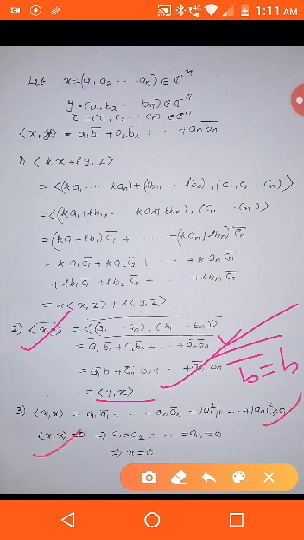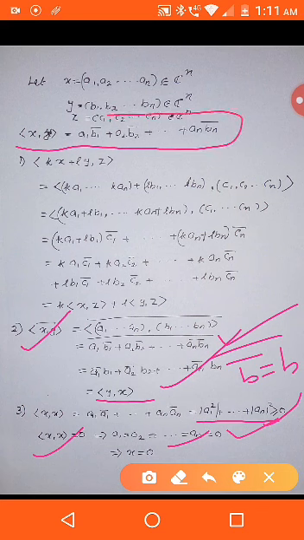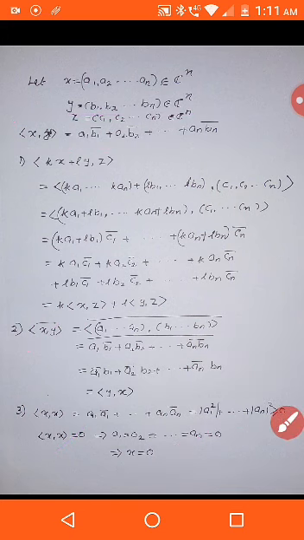Let the inner product of x, x equal 0, which means the sum of positive terms is equal to 0. Thus each term should be 0, that is each ai is equal to 0, that is x equals 0. Hence we proved that if we define the inner product in Cn of the form sigma ai bi conjugate, it is an inner product, that is, it satisfies the three conditions required for an inner product.